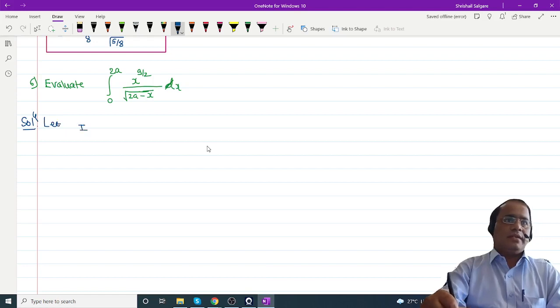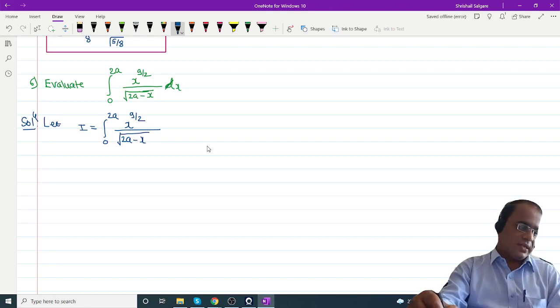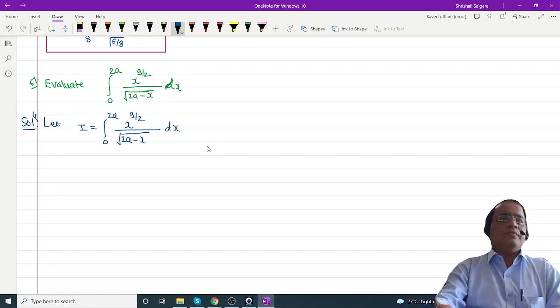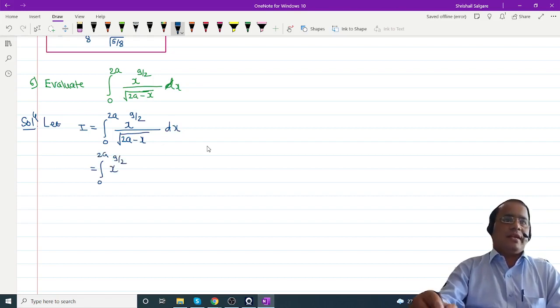So let I be the integral from 0 to 2a of x raised to 9 by 2 divided by square root of 2a minus x. Now the same thing we can write as integral 0 to 2a of x raised to 9 by 2 into 2a minus x raised to minus 1 half.